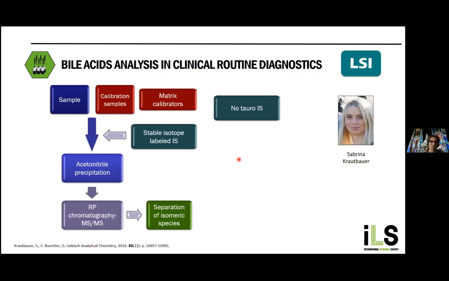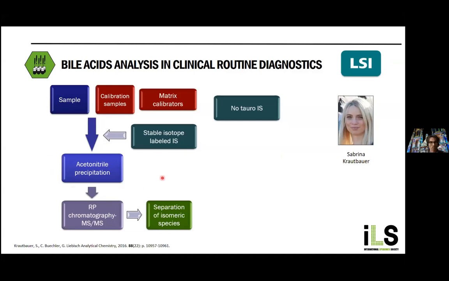They do liver transplantation, so they are interested in the bile acid species of their patients. We had the situation in the routine that there were no Tauro conjugated internal standards available at that time. We developed the method.